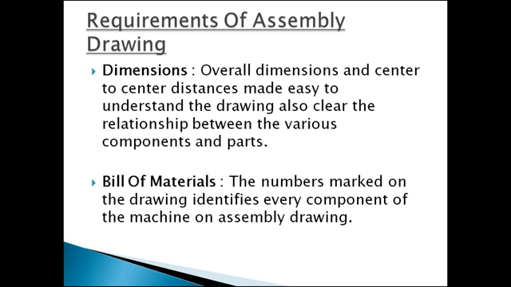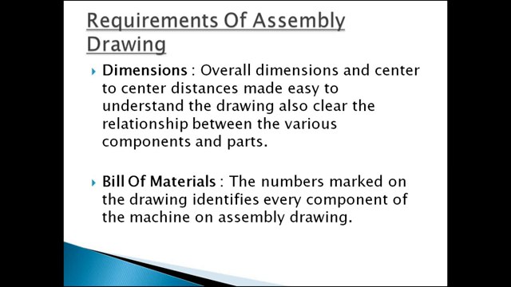Suppose there are 5 to 8 components assembled. Every part we give a number: 1, 2, 3, 4, 5, 6, 7, 8. Okay, and what do these 8 numbers mean? You get this information in the bill of material.